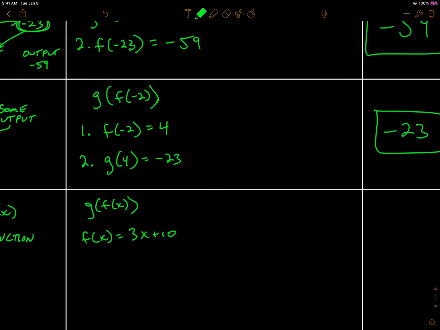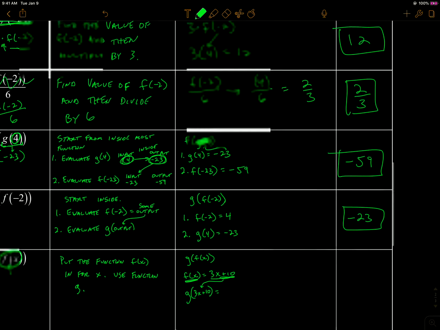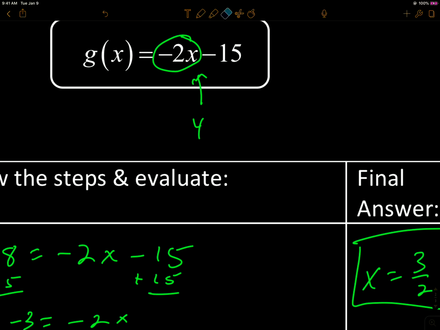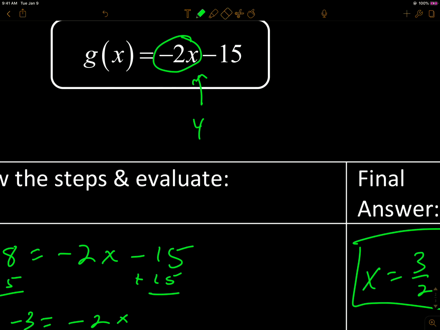Now g of f of x means g of, I'm going to take out the f of x, and I'm going to replace it with what it's equal to, 3x plus 10. Actually, before I put in what it's equal to, let's just leave it blank. Let's do the placeholder thing. So for g of x, I'm going to take out my x and just show it as a placeholder.